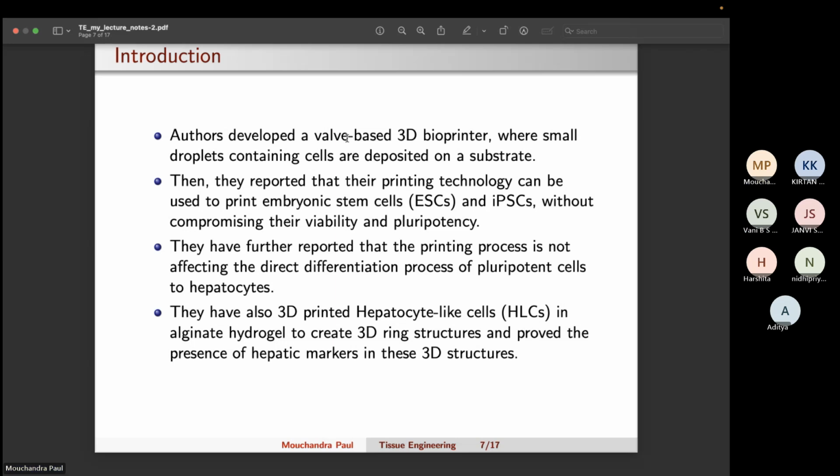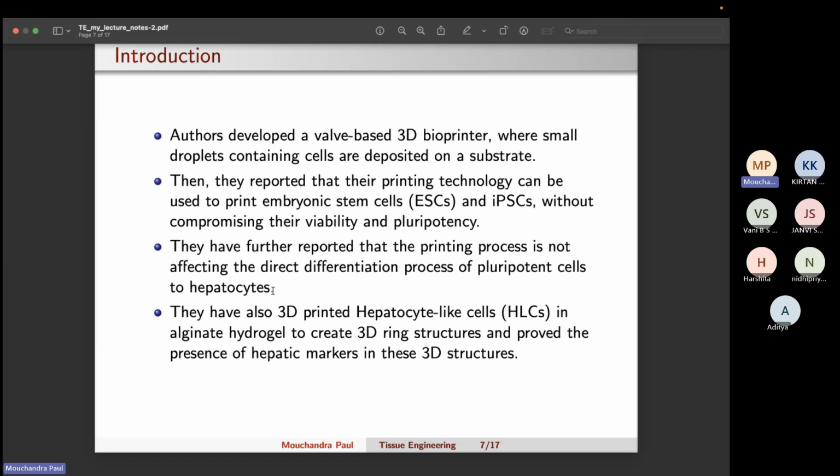And they have used this 3D bioprinter to print human embryonic stem cells as well as induced pluripotent stem cells. They want to see whether the bioprinting process has compromised the cell viability or pluripotency. They have also tested whether the printing process is affecting the differentiation of the pluripotent stem cells.